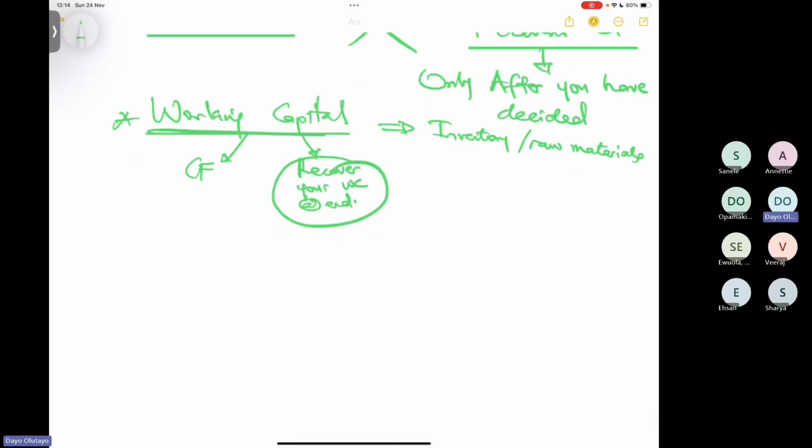So a typical way is, there are two ways. That is, say beginning of the year, which is year one, there's a working capital requirement of 2 million. Because this is year one of investment, you are not going to require that working capital in December. It's what we would have been selling since January. So always your working capital will be required in January, year one.